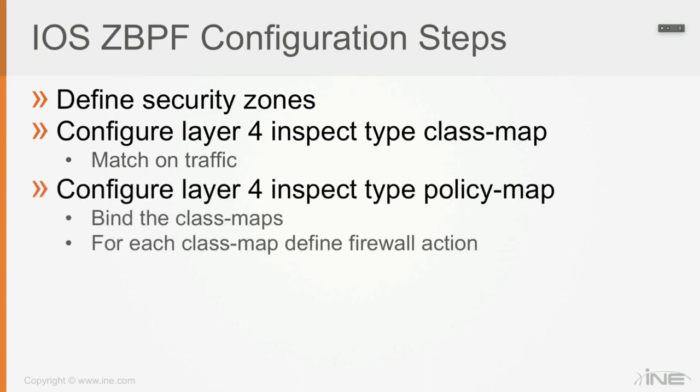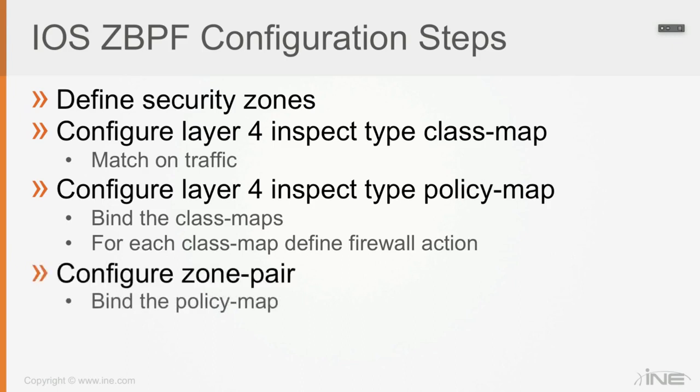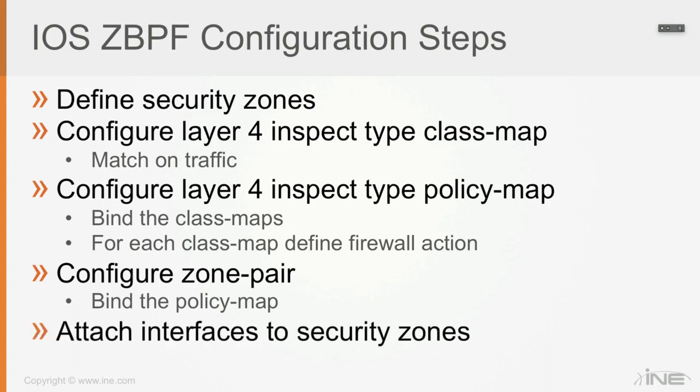We bind the class map or the class maps, and for each class map we define a firewall action: drop, inspect, pass. Then we configure the zone pair to bind the policy map, and we attach interfaces to security zones.